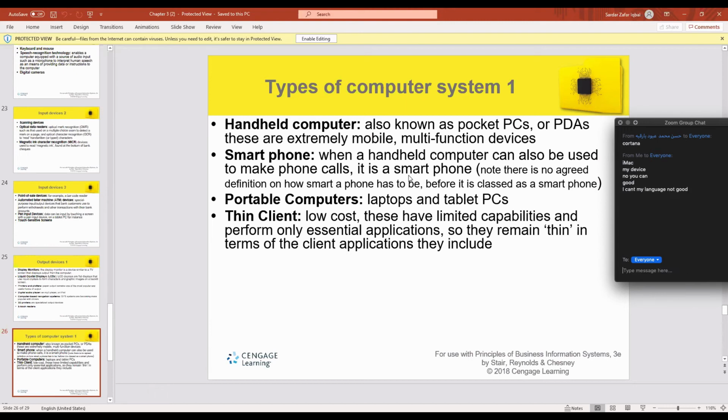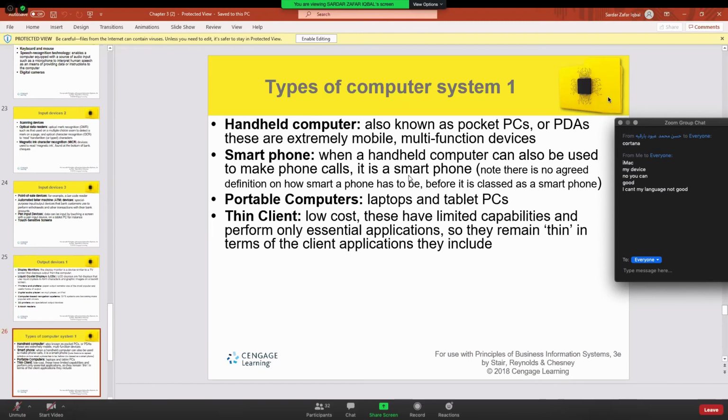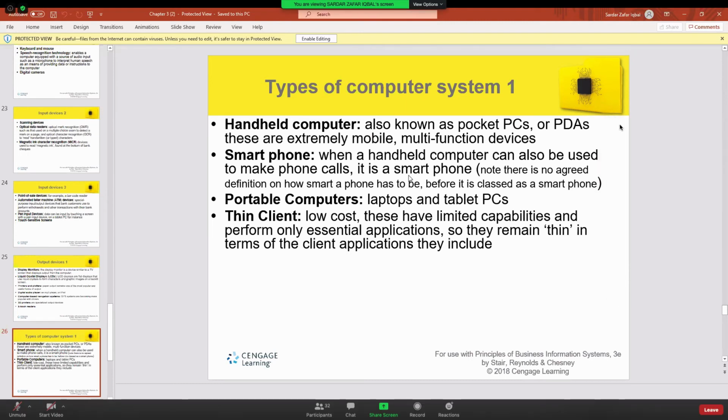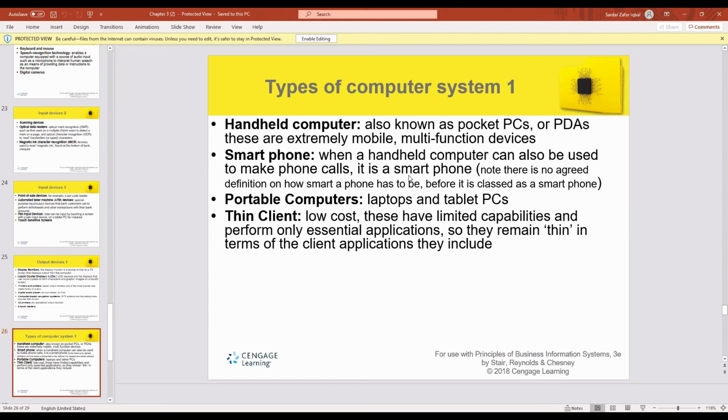But when it comes to the smartphone, people prefer iPhone, right? Do you agree with this? Yeah, I think so, because of the operating system. So for smartphones, people prefer iPhone, and for laptops, people prefer other than Apple, right? Yeah, I think so.